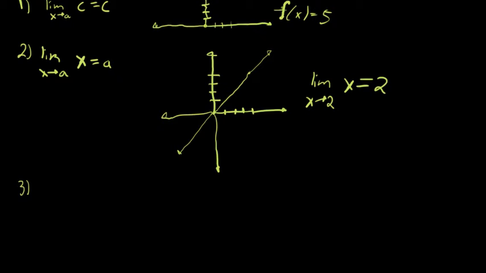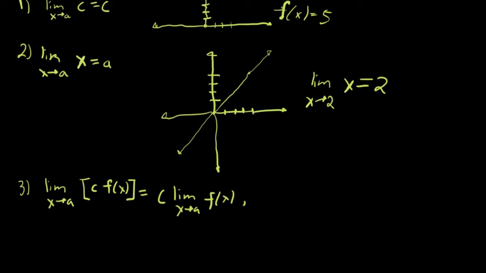The next property here is that the limit as x tends to a of some constant c times f of x is equal to that constant times the limit as x tends to a of f of x.